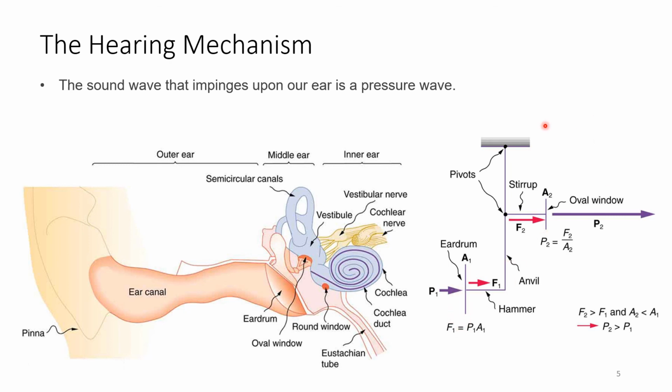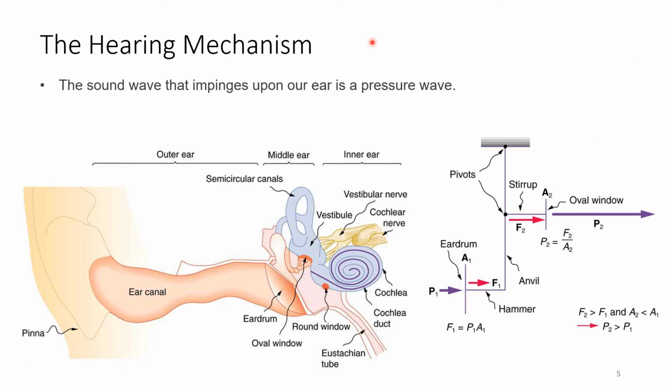Two muscles in the middle ear protect the inner ear from very intense sounds. Pressure waves moving through the cochlea are converted into electrical nerve impulses sent to the brain.